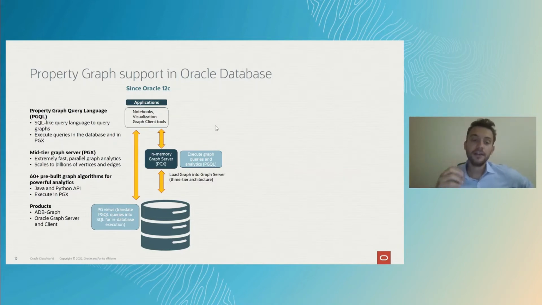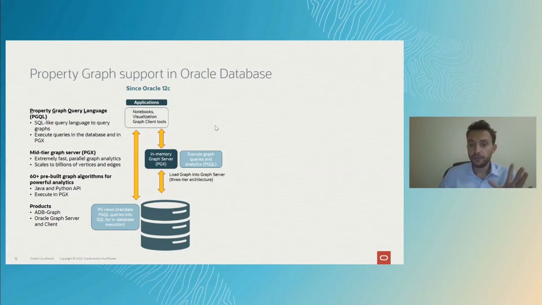On top of that, we also offer more than 60 pre-built graph algorithms that can allow you to do powerful analytics in PGX. So the products we are offering here are called ADB Graph and Oracle Graph Server and Client.